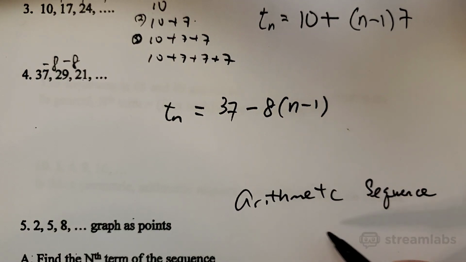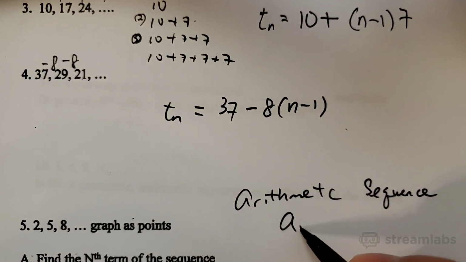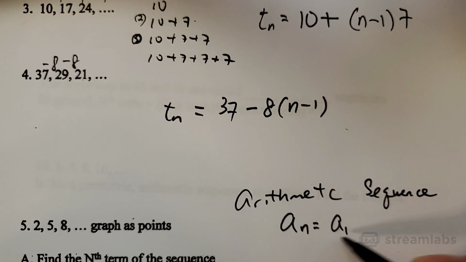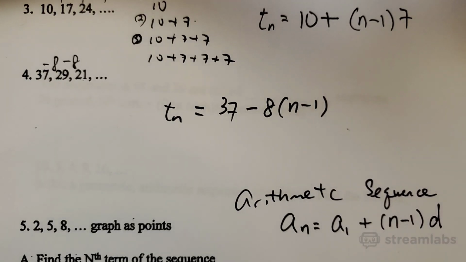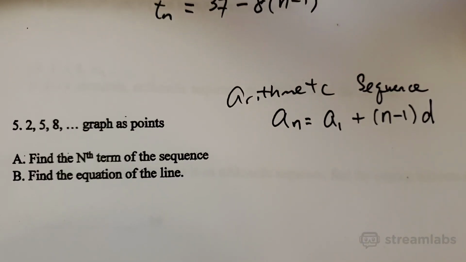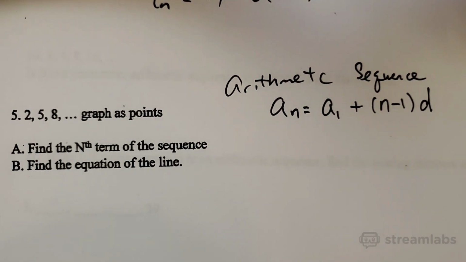And the key point is that we use a to represent it. So an equals a1, which is the first term, plus n minus 1 times the difference. Yeah, it counts as fully simplified. It's kind of like the point-slope form that we use sometimes.